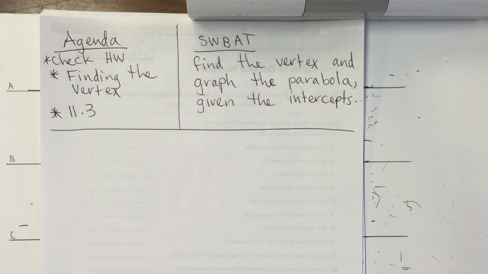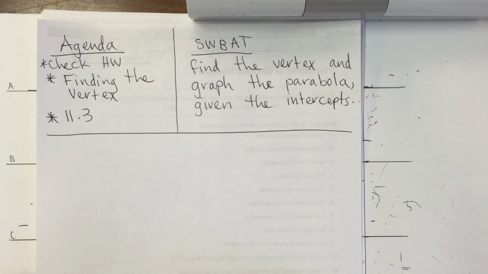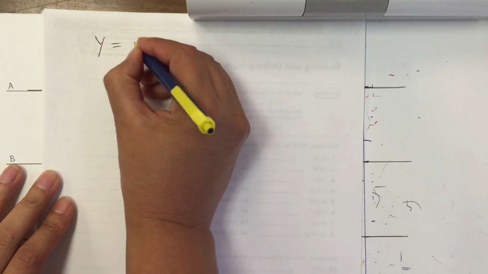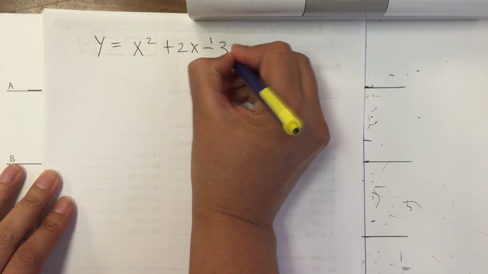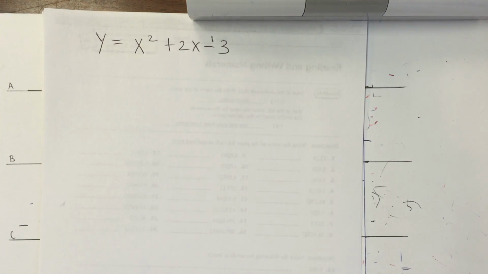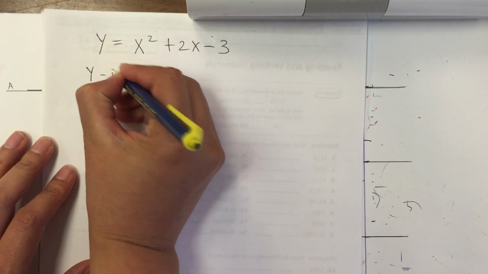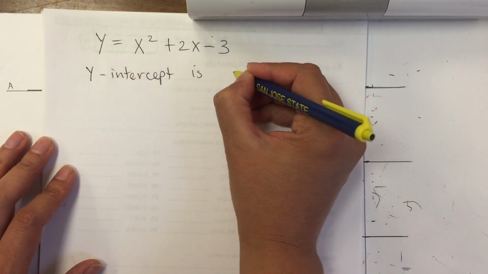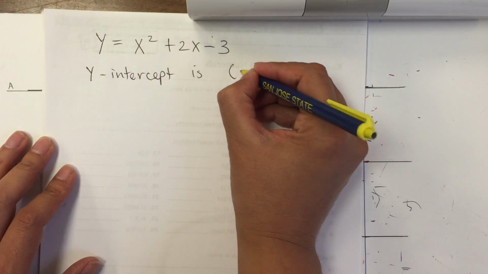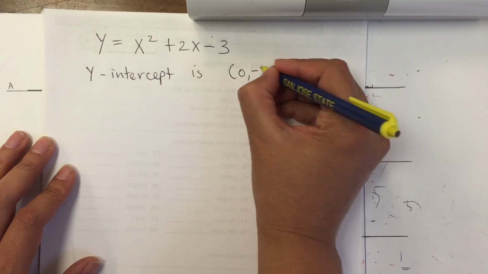And the reason for which you're given the intercepts is because you learned to find that in the previous lesson. Yesterday we had this equation. And you already found that the Y-intercept is at (0, -3).